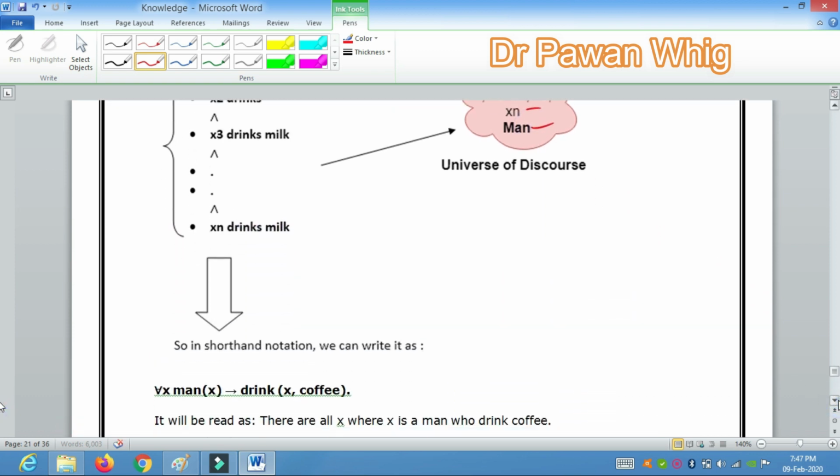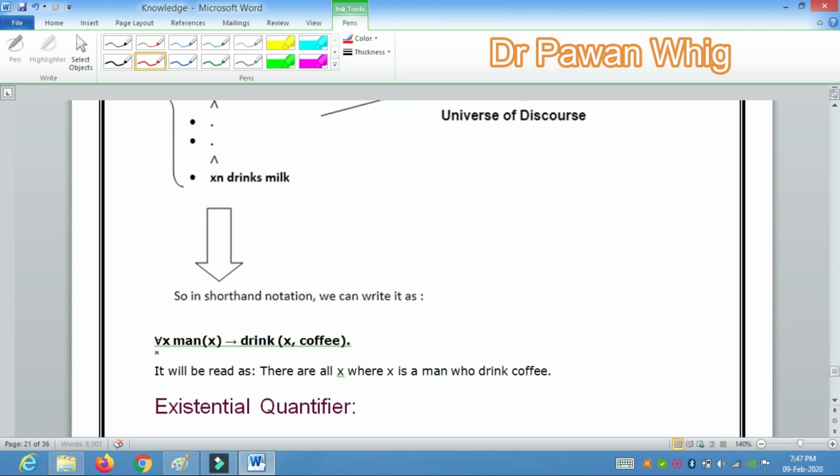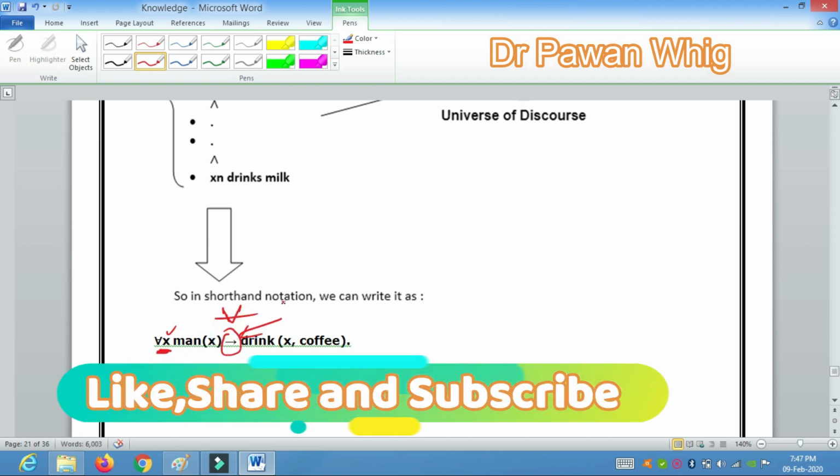It is represented like this: for all, this symbol ∀, x, man(x) implies drinks coffee. It will be read as: for all x, where x is a man, x drinks coffee. So x we targeted with the men and they all drink coffee. Mind this symbol: for the universal quantifier you have to apply this symbol.